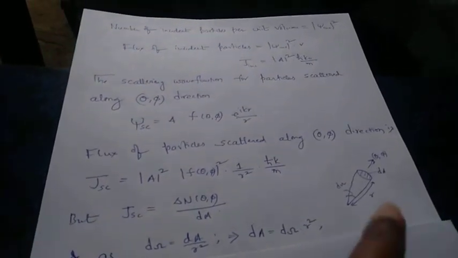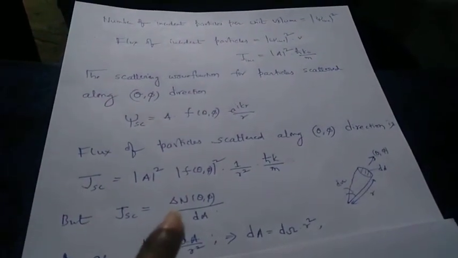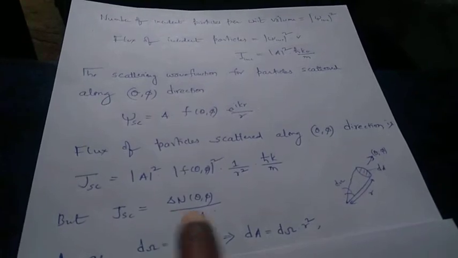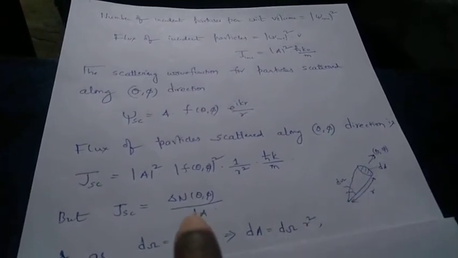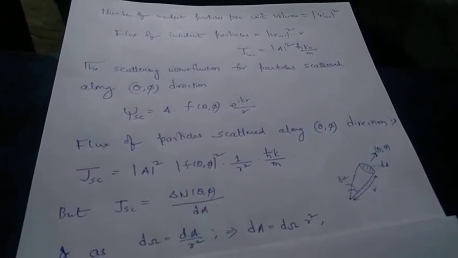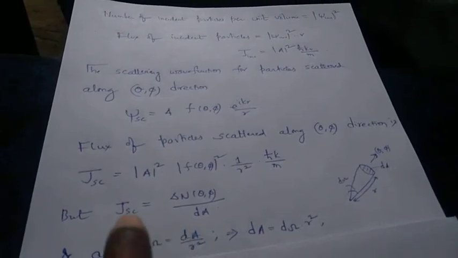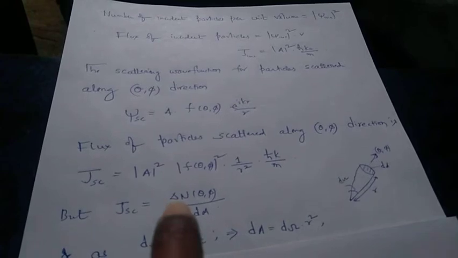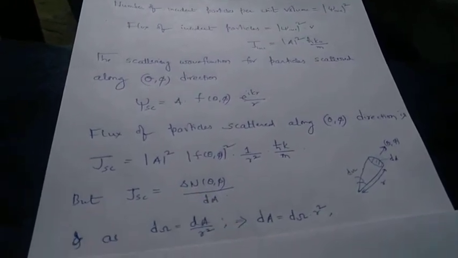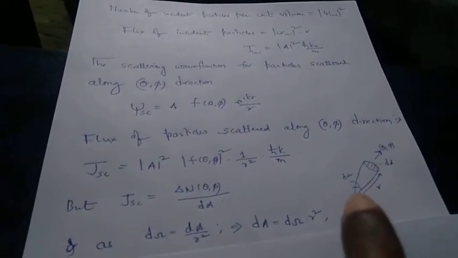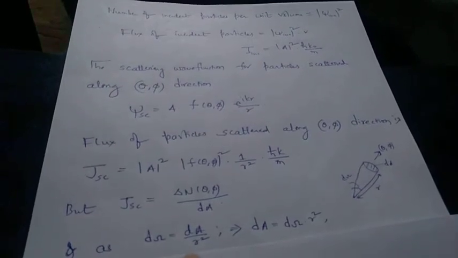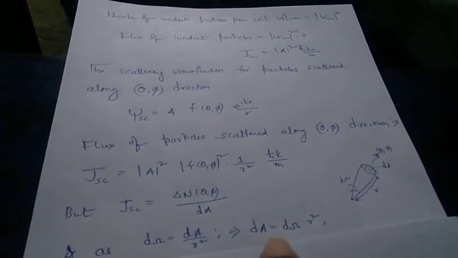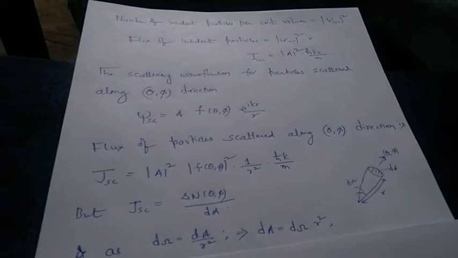But for the theta phi direction, the number of particles crossing this area dA in unit time is delta n theta phi. So the scattered flux should be delta n divided by dA, and as this solid angle d omega is dA by r squared, we can express dA as d omega into r squared.